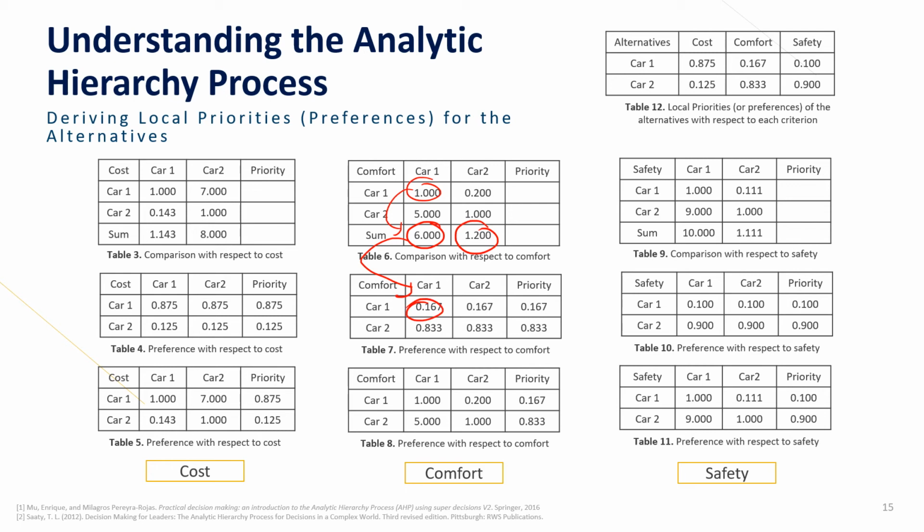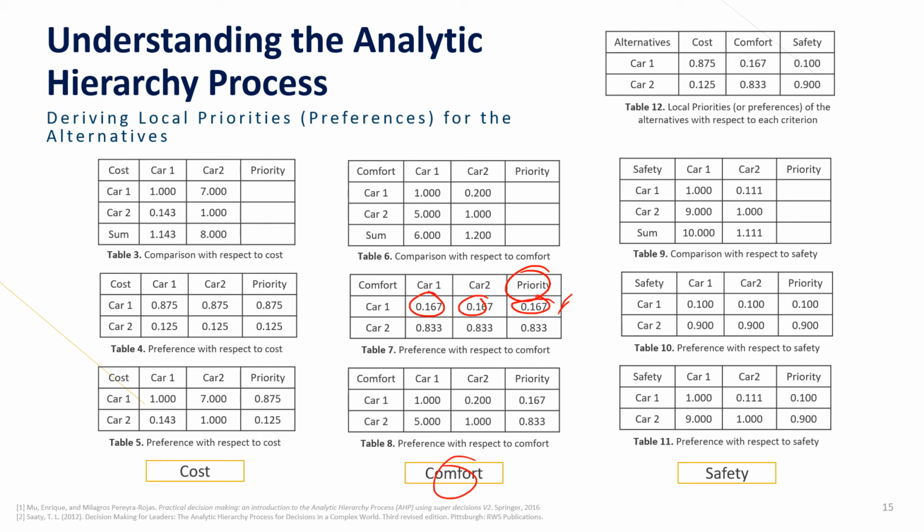Do the same for all of the cells, and then you will get the normalized value here, right? Then you need to calculate the priority for each criteria. So this will be this plus this equal to this, divided by 2 equals to this, because it's the same value.